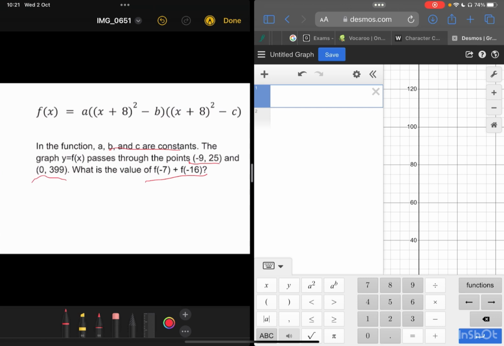So just like the other Desmos question, we're going to put the table here. x1 equals negative 9, 125, x1 0, 399.